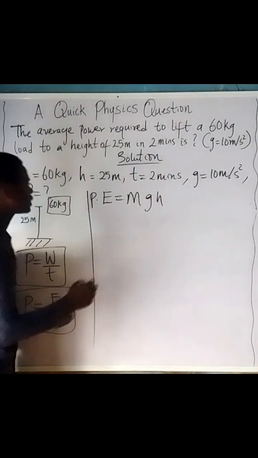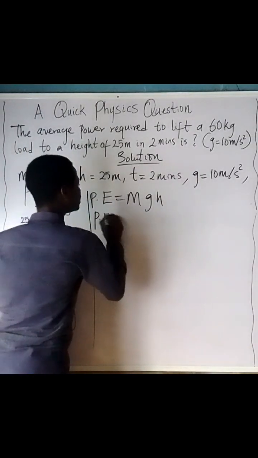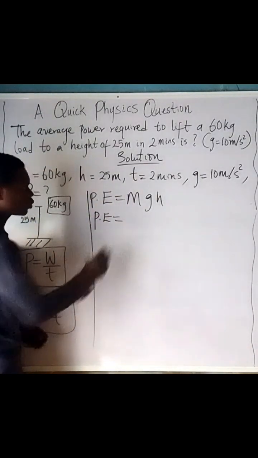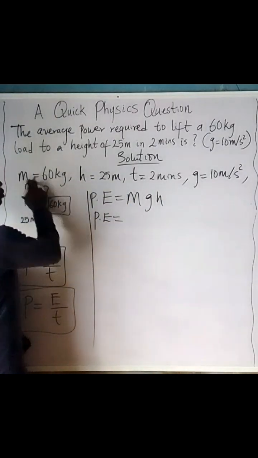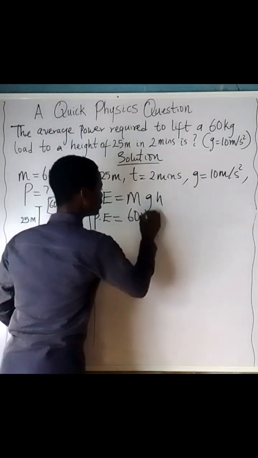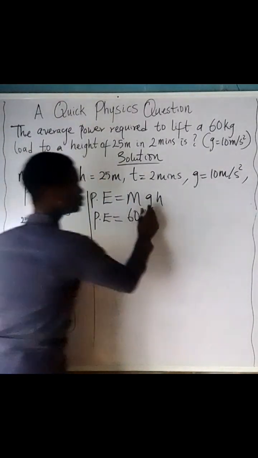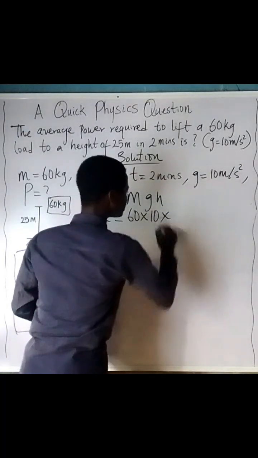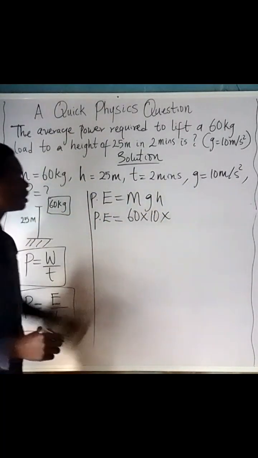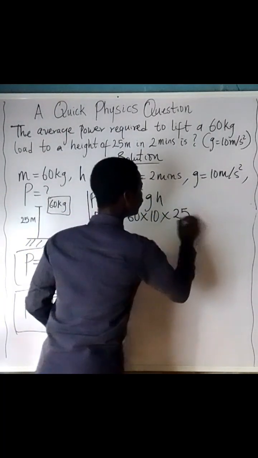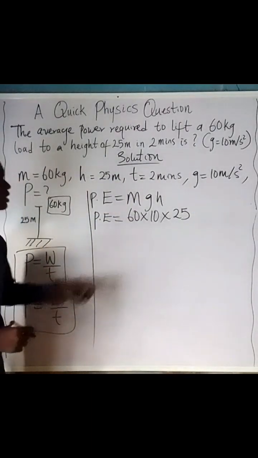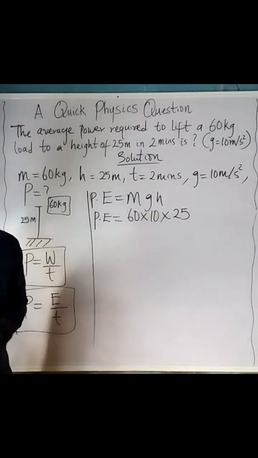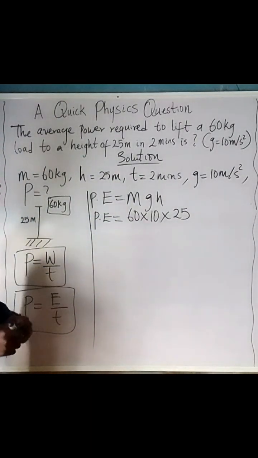So we can calculate our potential energy. PE is equal to, in place of M, 60, times, in place of G, 10, times, in place of H, 25.